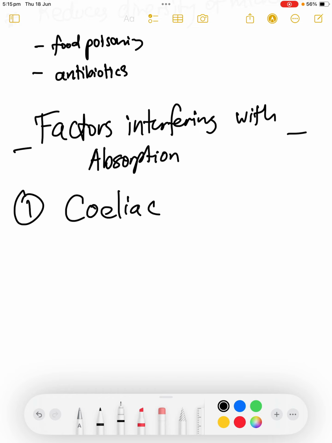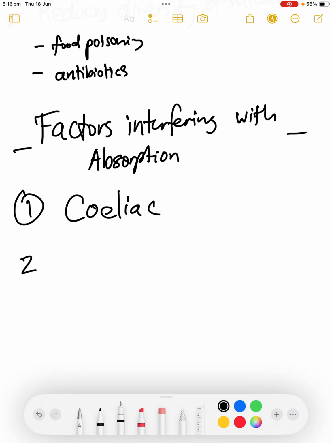And the main problem there is because it can damage and flatten the villi and the microvilli, okay? And again, if it does that, it reduces the surface area and you really can't absorb nutrients that well in the small intestines. In terms of management, it's a strict gluten-free diet. You can't be consuming much gluten at all.